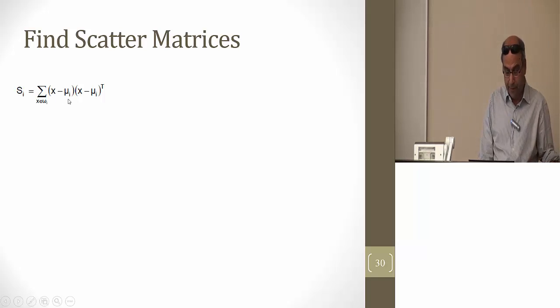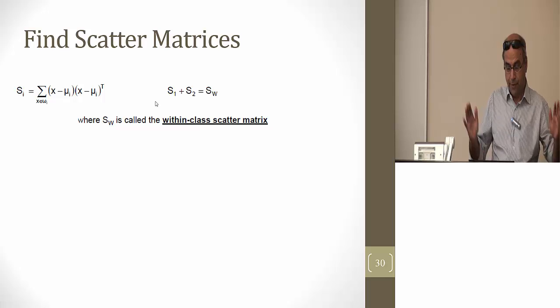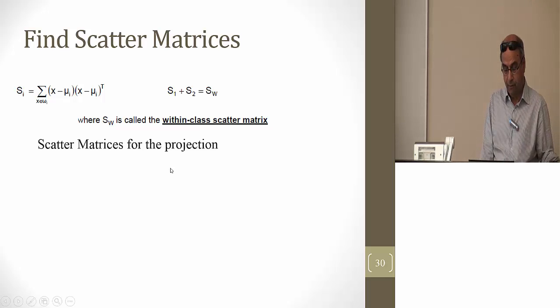Just take the vector, subtract the mean, find the transpose, and multiply with that. We can find this for the first class and second class and add them up. This we will call SW, which is the summation of these scatter matrices. These are within class, because here we are using only samples from the ith class. So for S1 we use only the first class, then S2 will be the second class, and then we add up those, and that is the within class scatter matrix.